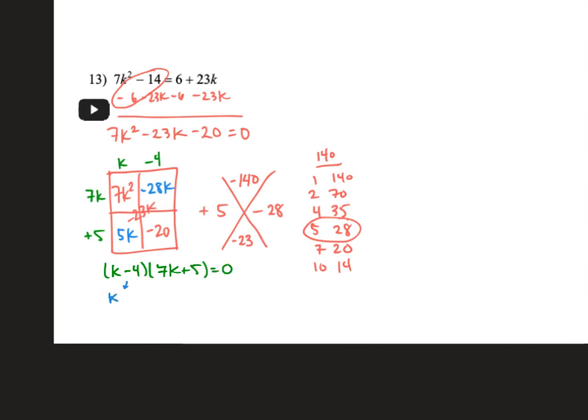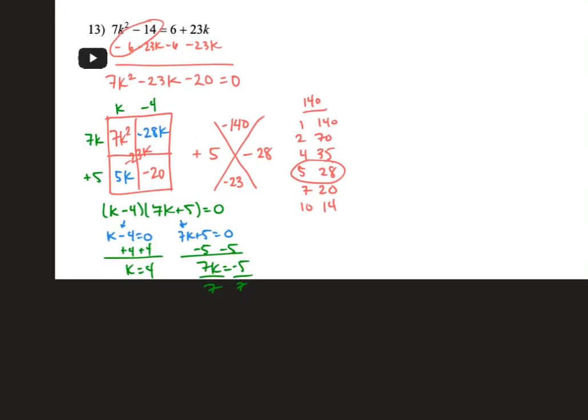Now using zero product property, k minus 4 equals 0 and 7k plus 5 equals 0. Add 4, so k equals 4. For this one, subtract 5, so 7k equals negative 5, and then divide by 7. So k equals negative 5 over 7.